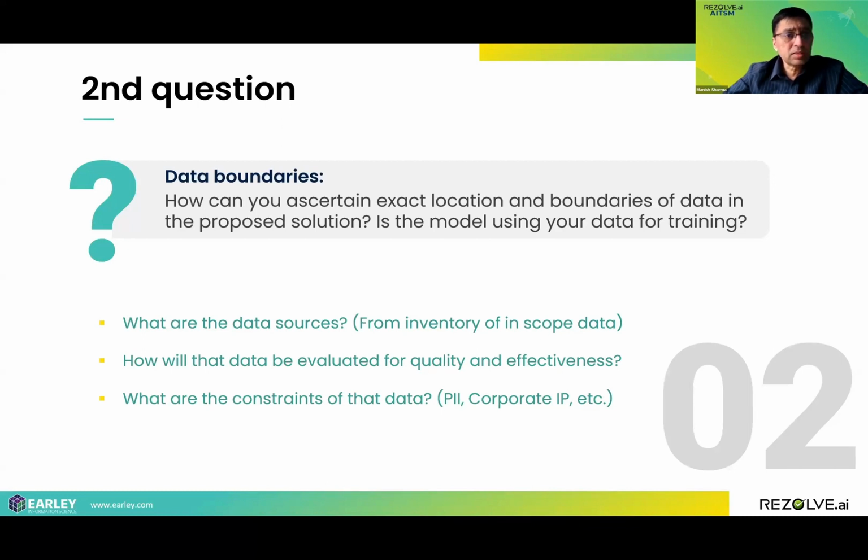In most cases, enterprises, the product companies or the solution providers should be using a private endpoint. I want to repeat that word, private endpoint. Assume that you're talking about an OpenAI model, right?